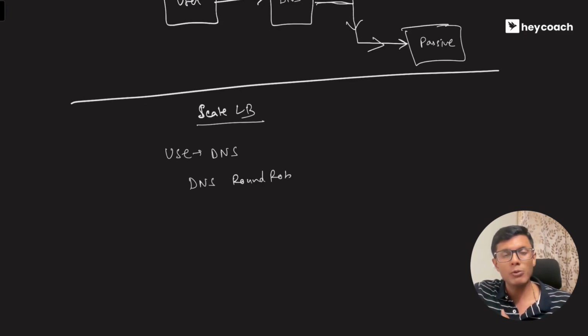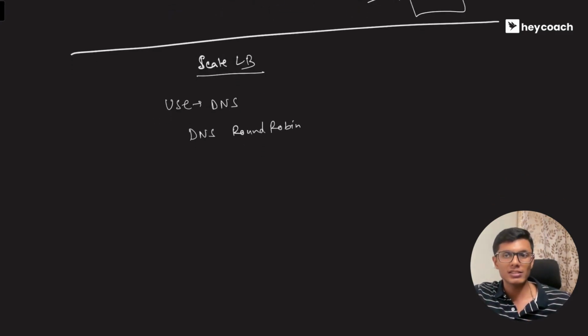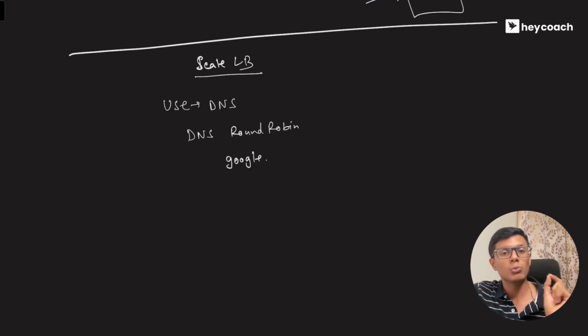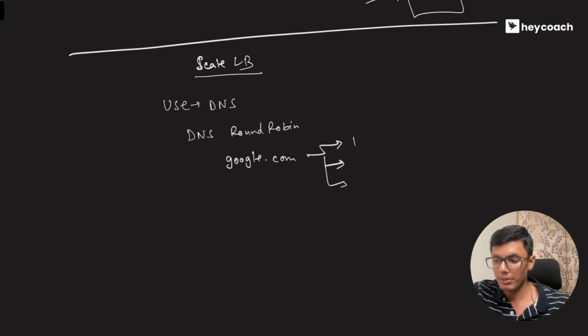So I'm talking about scaling load balancers. For example, if you look at the IP address for google.com, you'll not see just one IP address. You'll see a list of IP addresses: IP1, IP2, IP3.